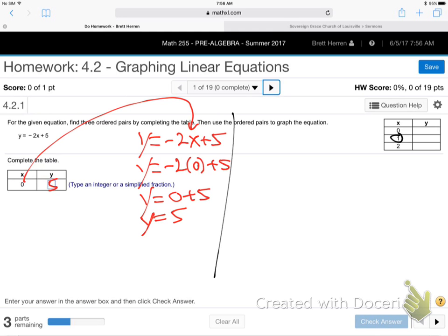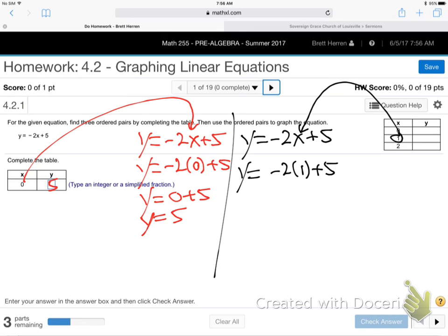So x is 1. So start again, same equation, y equals minus 2x plus 5. But this time you let x be 1. So put in x is 1, and we get minus 2 plus 5.